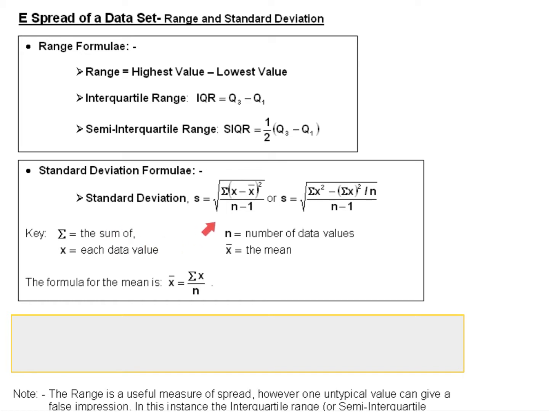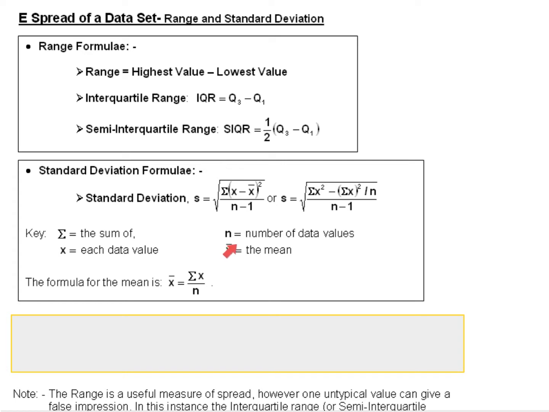So here's the standard deviation formulae. You get these two formulae on your formula sheet. This one works well on the non-calculator paper as well as the calculator paper, and this one, I would save just for the calculator paper. Okay, so we have got a new symbol here, sigma. That just means add, find the sum of. N is the number of data values.